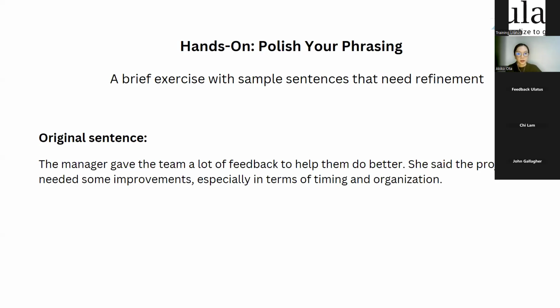And for organization, okay, looks like there are lots of different interpretations, especially the last bit, improvements in timing and organization. Organization, as one of the attendees had suggested, as in teamwork, organization as a team. That's one interpretation as well.